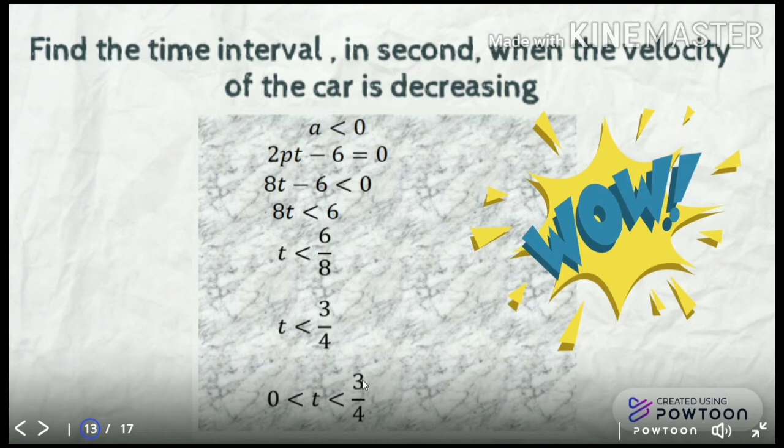The acceleration equation that we got is 8t minus 6 less than 0. When we move 6 to the right hand side, it becomes 8t less than 6. So the answer is t less than 3/4. So the time interval when the velocity of the car is decreasing is between 0 and 3/4.